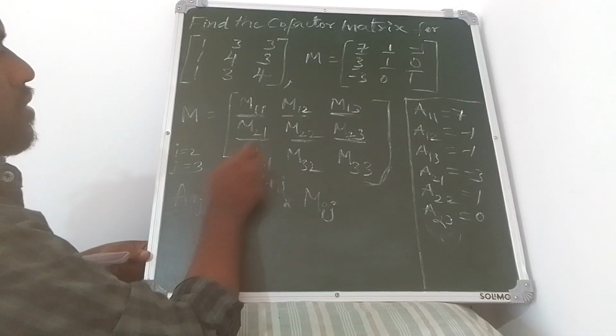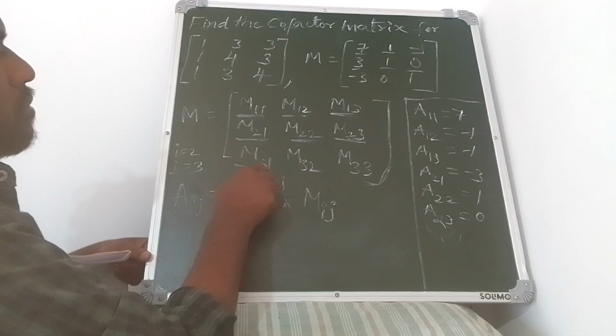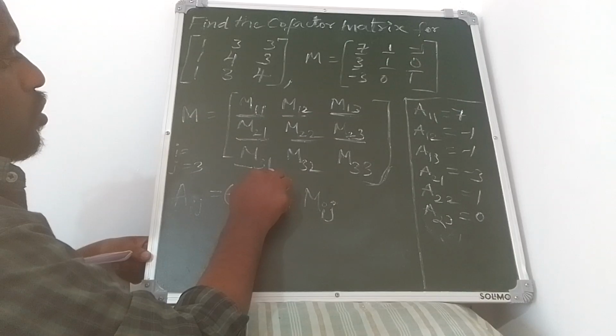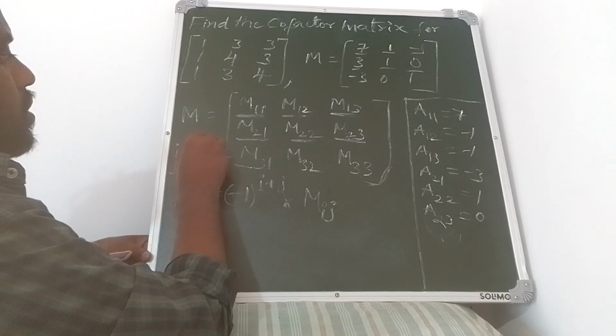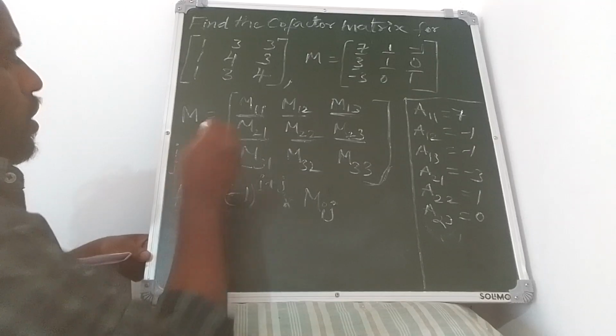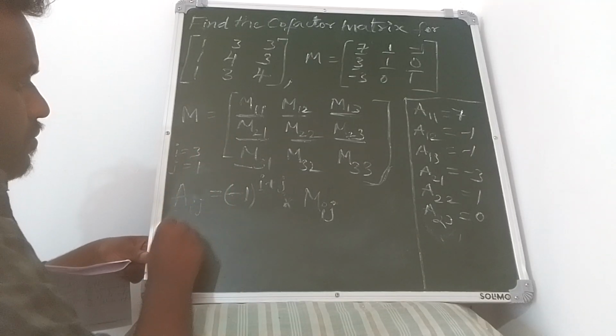Next I will take this one, m31. 31 means i is equal to 3, j is equal to 1. So substitute this here.